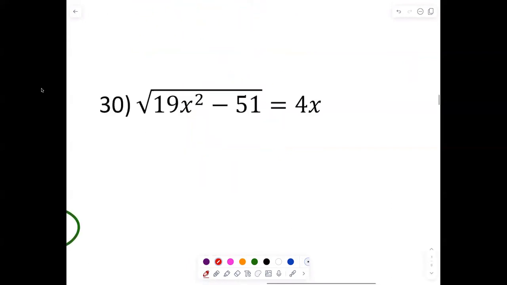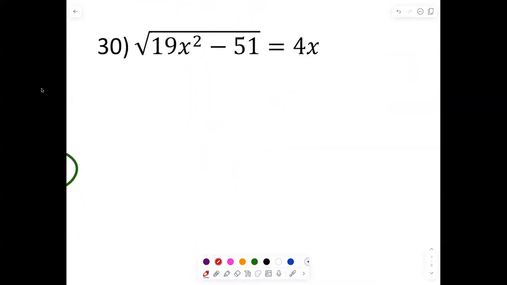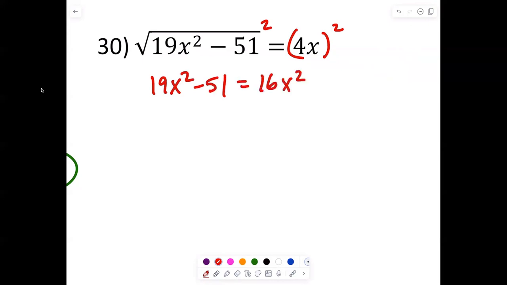Let's try the next one. What do I have to do to both sides? Square. Now notice I'm putting parentheses. I'm squaring everything. Okay. Now I end up with, do I agree?